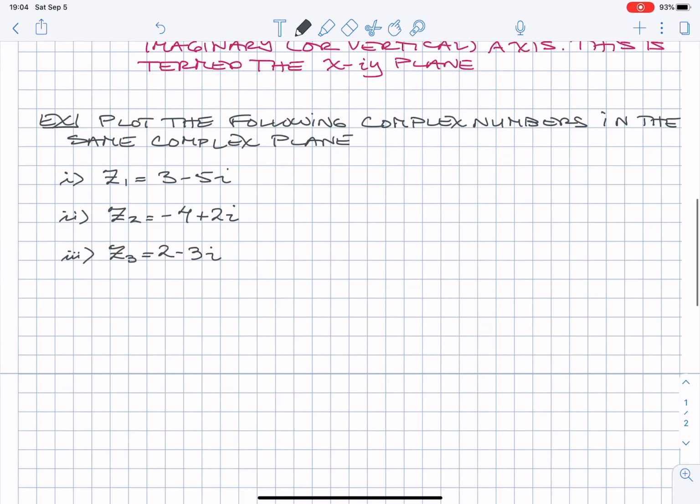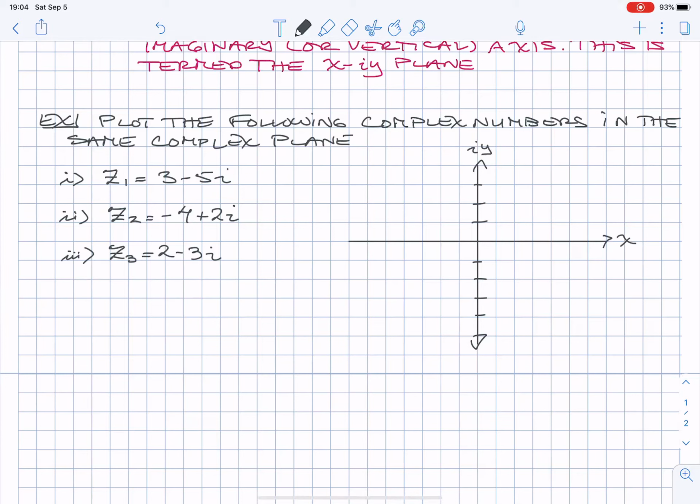Okay, so let's go ahead and plot the x and iy coordinate axes. So let's see, 1, 2, 3, 4, 5. Hopefully that's good enough. 1, 2, 3.